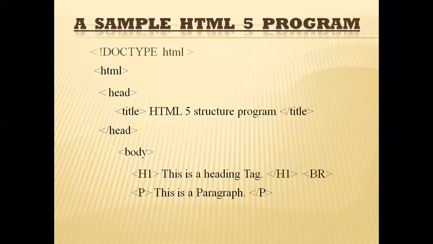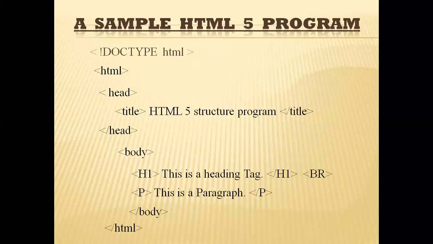So these two lines will appear in the browser as the output, but without the tags. This is a heading tag, and the next line will be this is a paragraph. So the body part has to be ended with close body, and finally the program has to be ended with slash HTML.